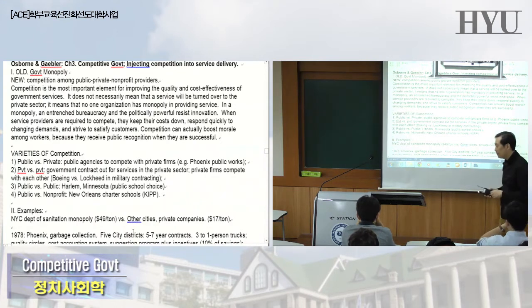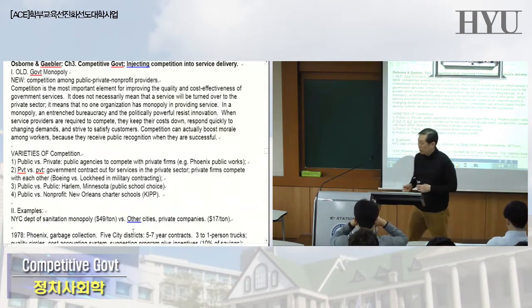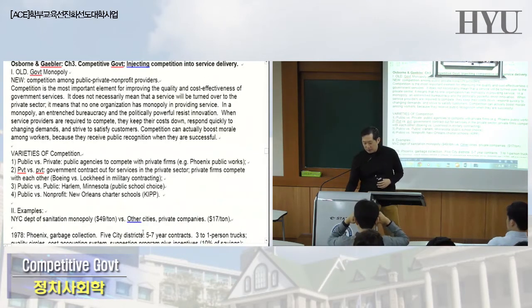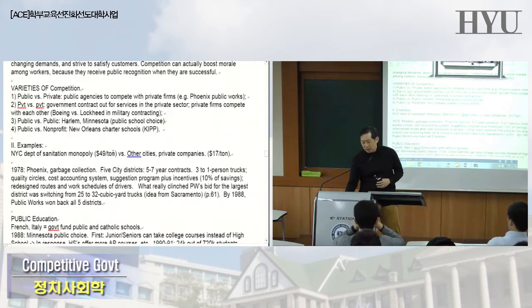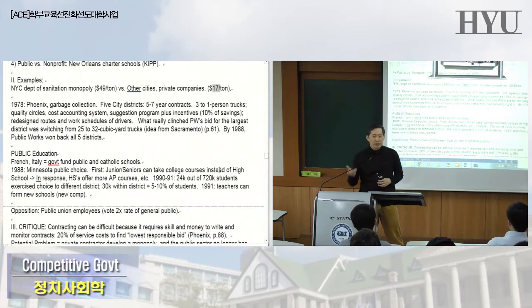And they give a lot of examples in the book, like in garbage collection: public monopoly, $49 a ton, versus when you have private competition, it's only $17. So monopoly raises prices almost 3 times more.